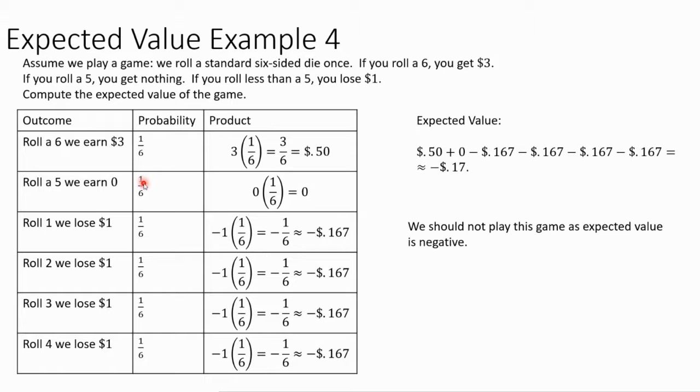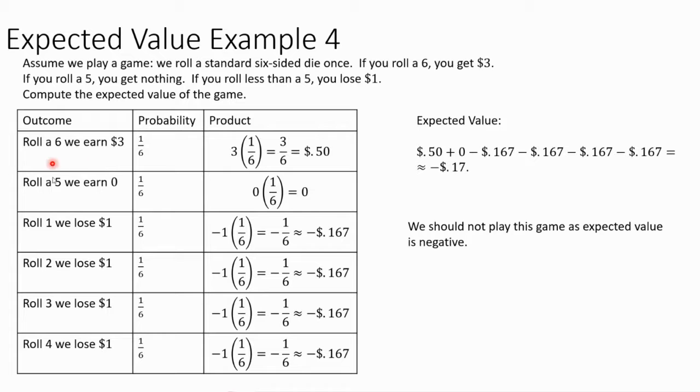Sometimes you're going to win $3, sometimes you're not going to win, but if we keep playing this game over and over again, we should expect to lose money. Granted, 17 cents is not terrible, but still, it's not a positive number.